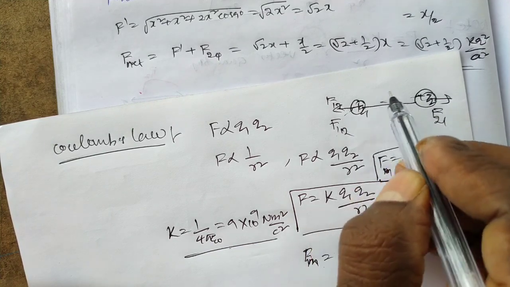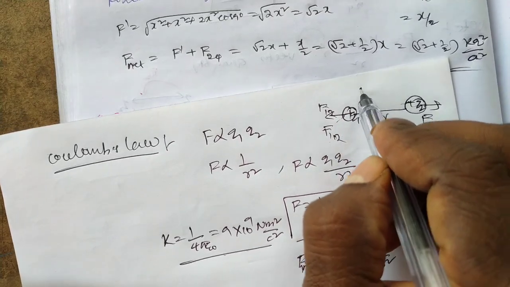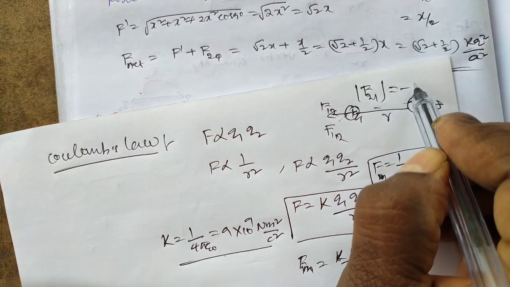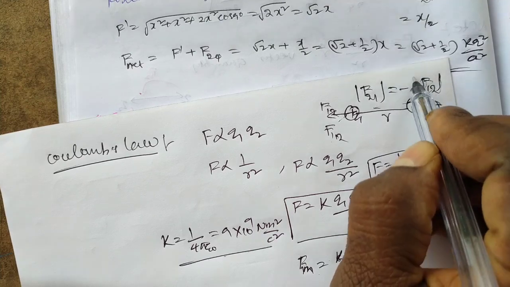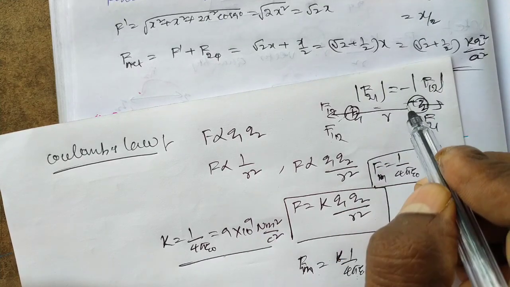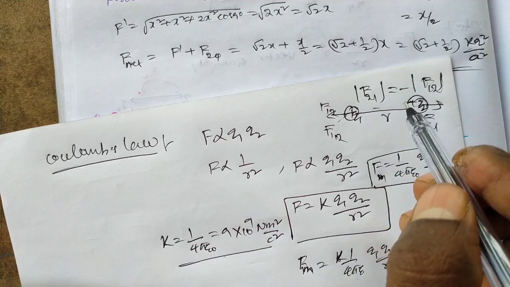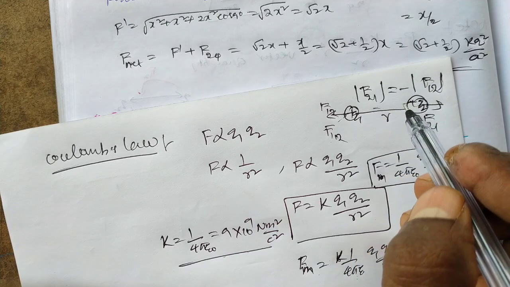Both have the same magnitude but opposite direction. That is, F12 equals F21 in magnitude but opposite in direction, obeying Newton's third law.